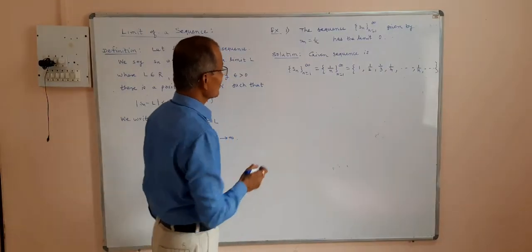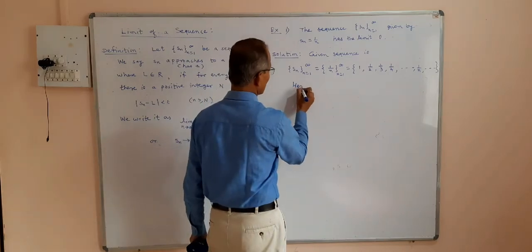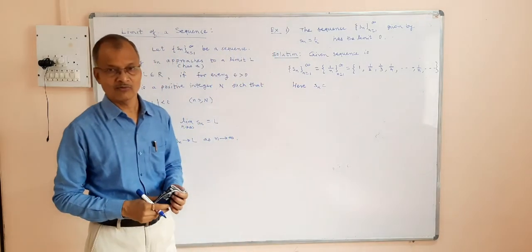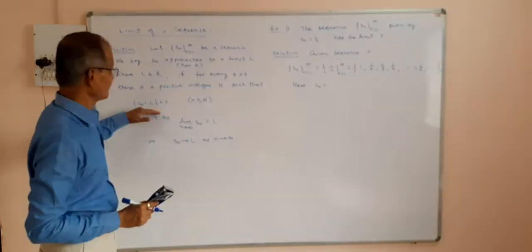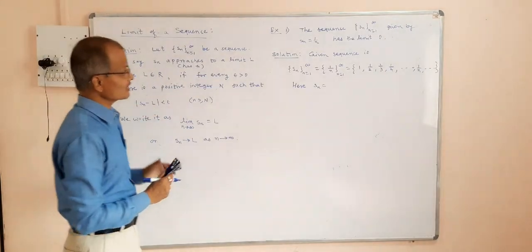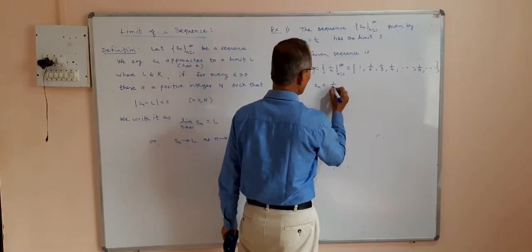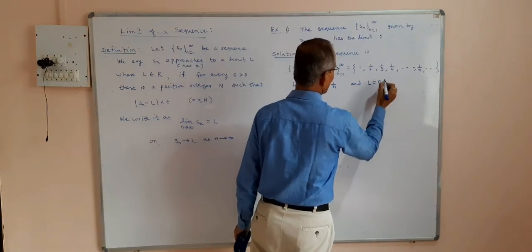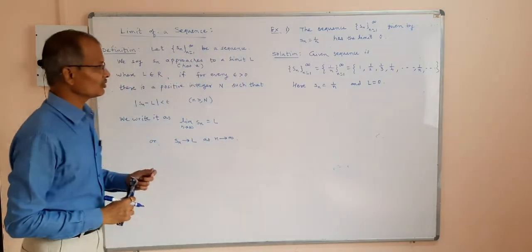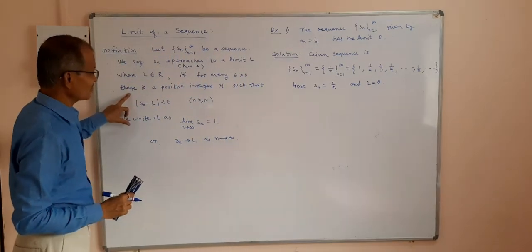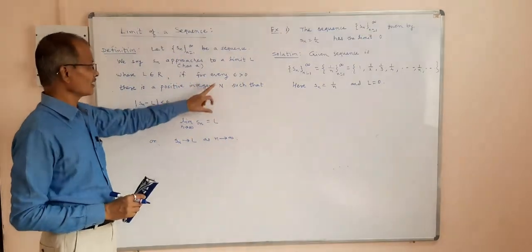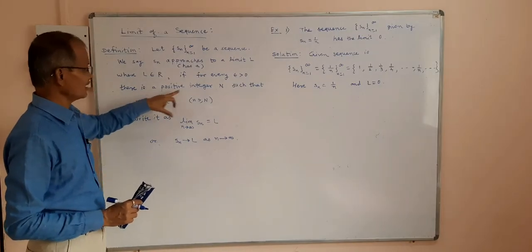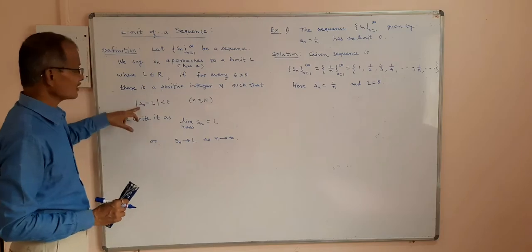We know the limit and we have to show it according to the definition. Now Sn is 1 by n and L is 0. To show this by definition, for every epsilon greater than 0, we show that there is an integer N such that this condition holds.